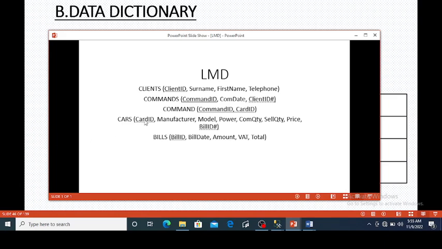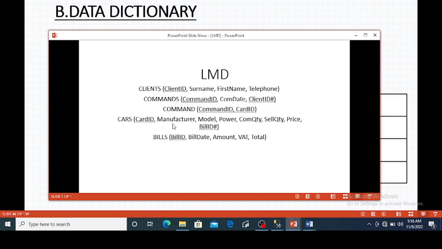So the weak entity takes the two primary keys and makes them one primary key for it, and this one primary key is called the concatenated primary key.